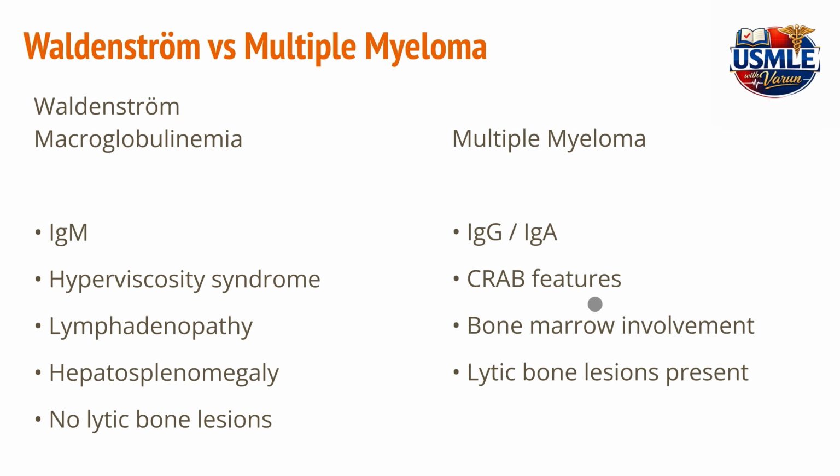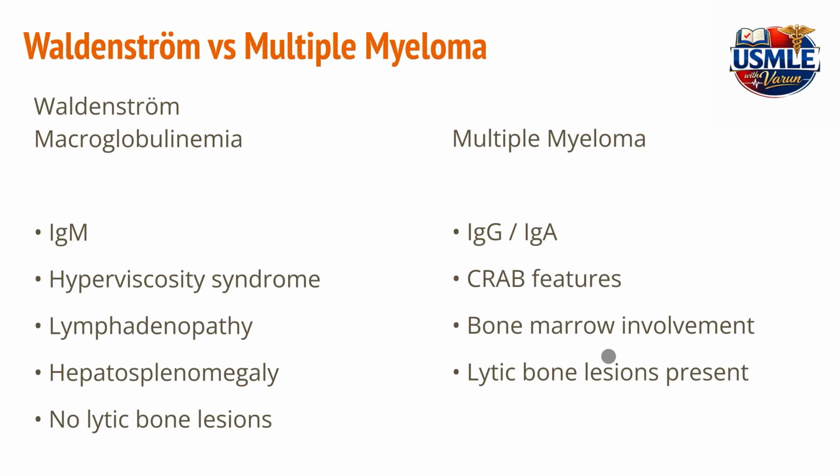Now let's try to differentiate between Waldenström macroglobulinemia and multiple myeloma. Waldenström macroglobulinemia produces IgM and causes hyperviscosity, lymphadenopathy, and hepatosplenomegaly. Importantly, it does not cause lytic bone lesions. In contrast, multiple myeloma involves IgG and IgA and presents with CRAB features and lytic bone lesions.